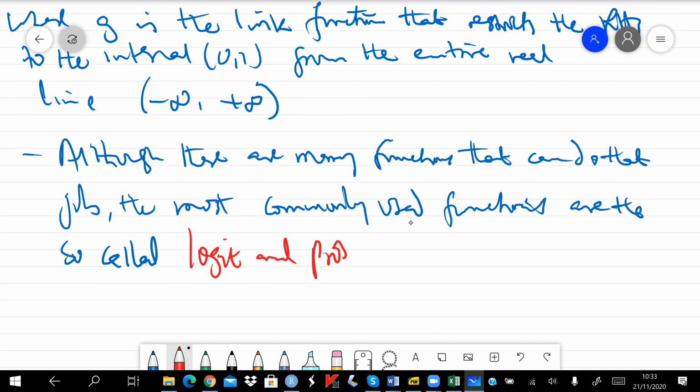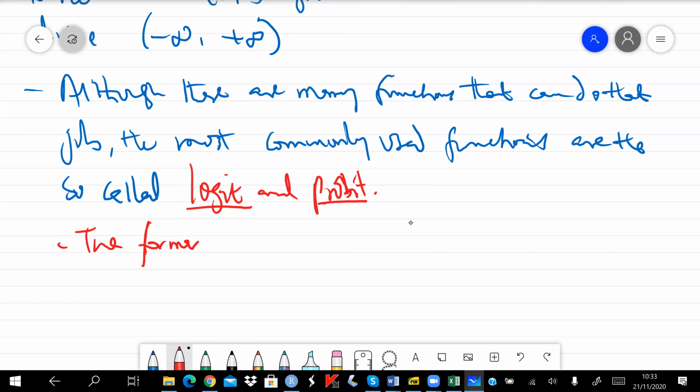This type of link functions are the most widely used. And we say that the former, that is the Logit, is based on the logistic distribution.